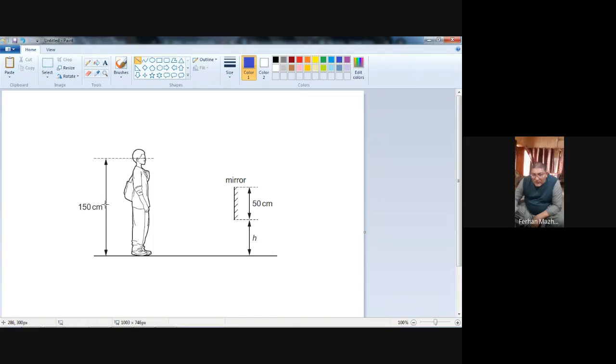So approximately this is... Okay. Now this height is half of the 150, that is 75.